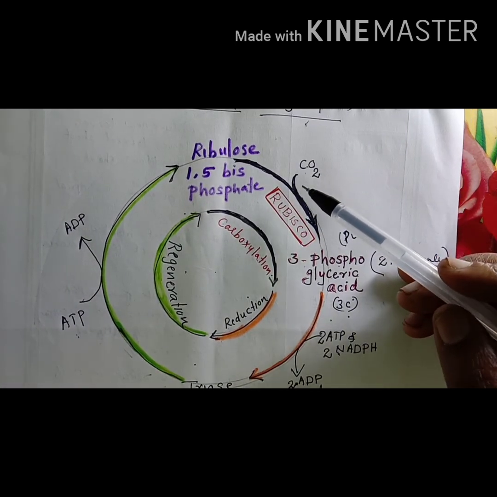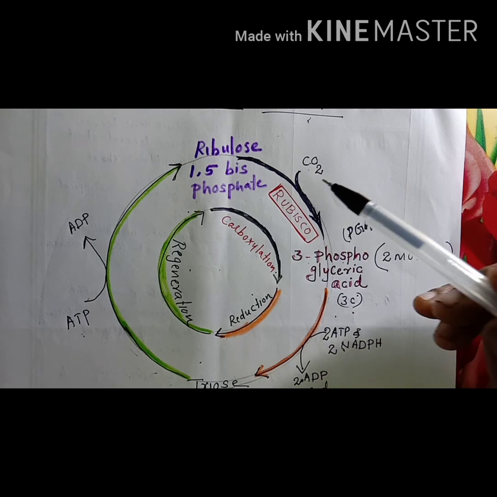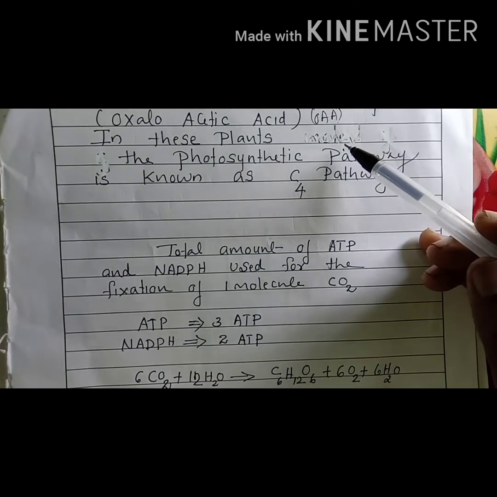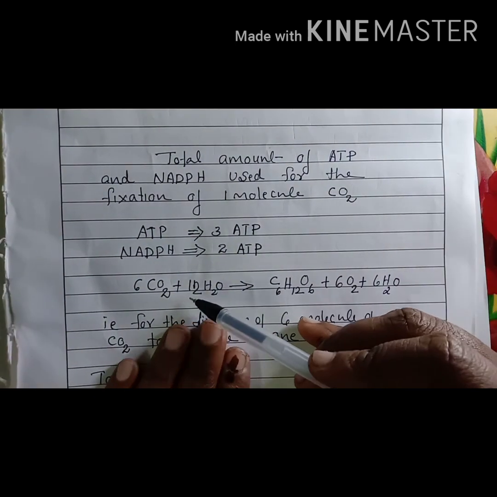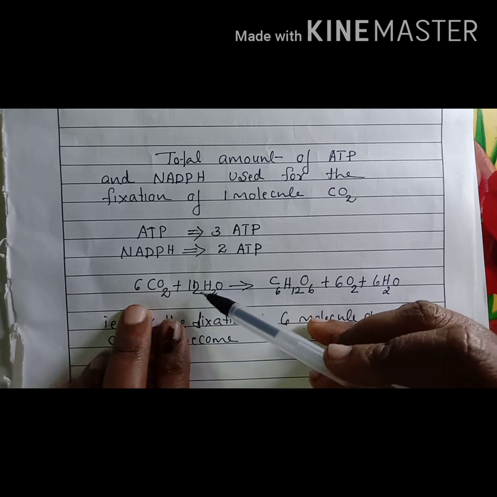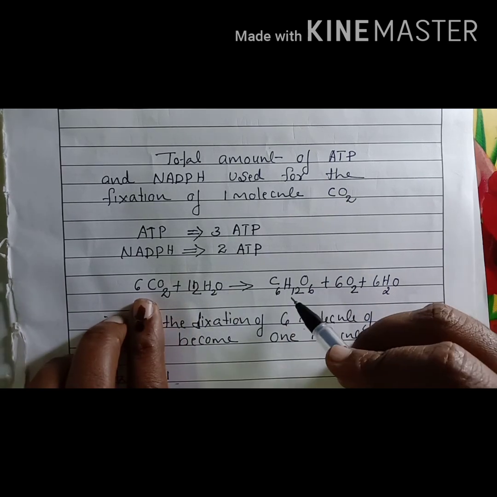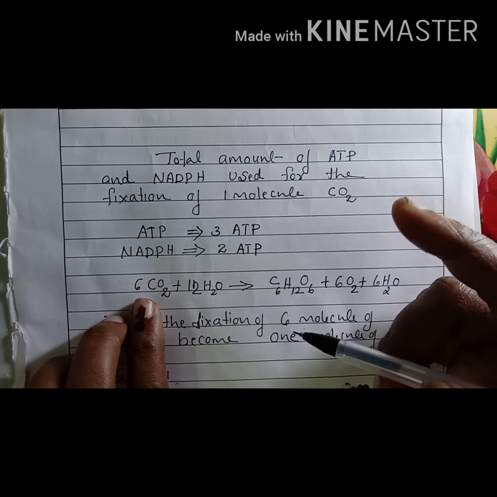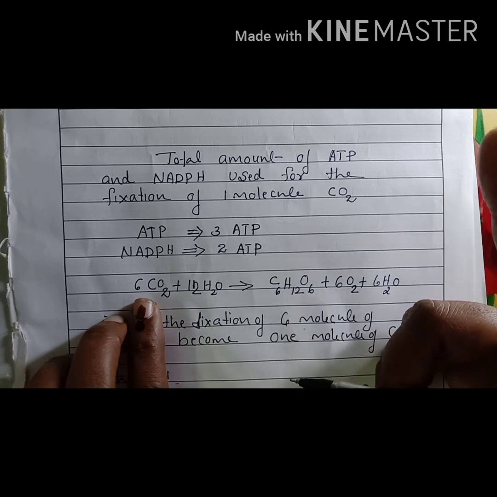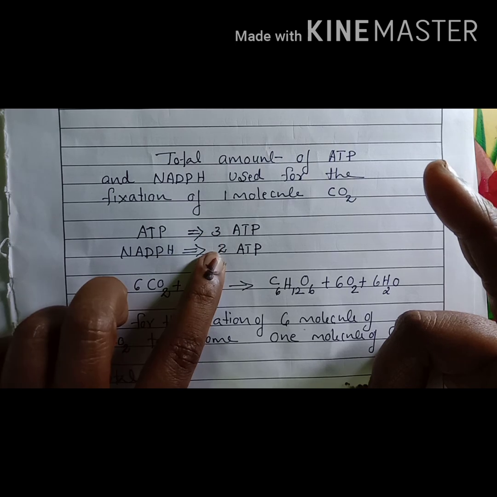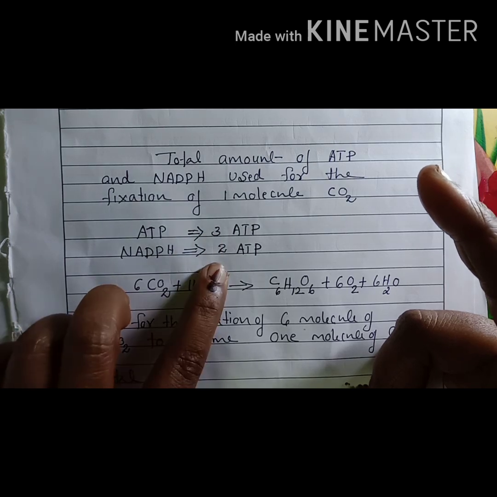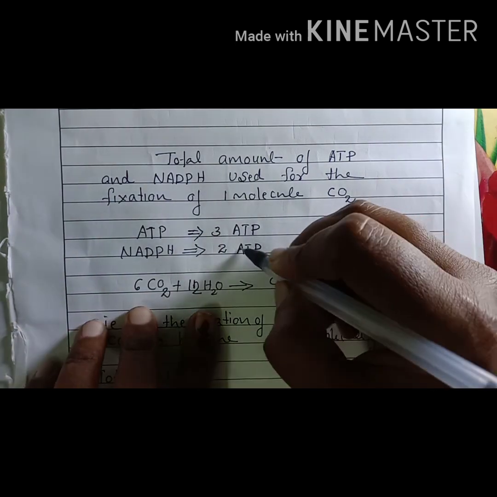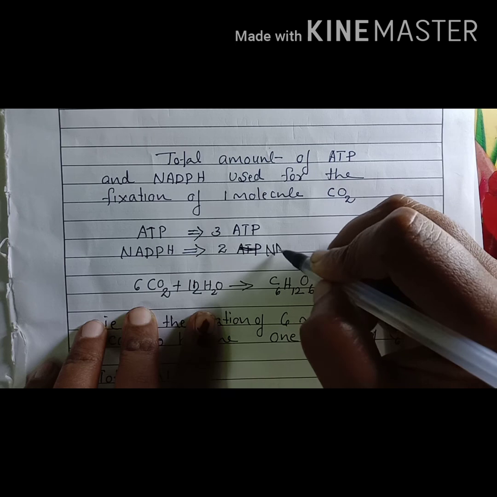And we know the equation of photosynthesis. What is the equation of photosynthesis? 6CO2 is utilized for becoming 1 molecule of glucose. In this Calvin cycle, we have explained the fixation of 1 CO2. So for 1 CO2, 3 ATP and 2 NADPH are utilized, not 2 ATP.